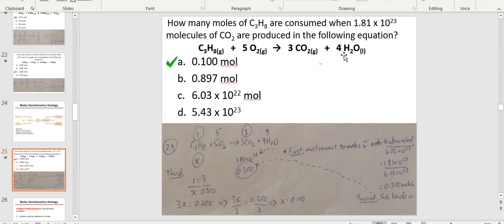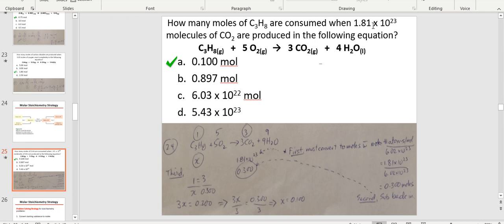First thing you got to do for all of these, molar ratio. 1, 5, 3, and 4. You do that for every single one of these. Just like down in here. There you go. Now, what information am I asking for? How many moles of propane? X moles. Same as before. What information did I give you?